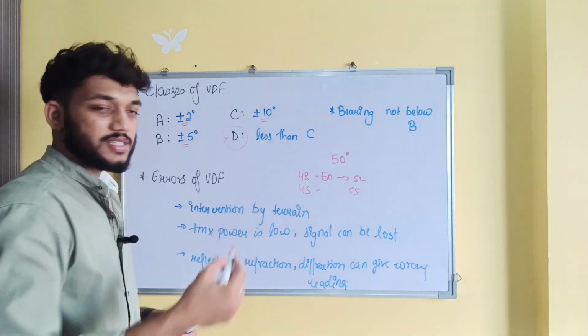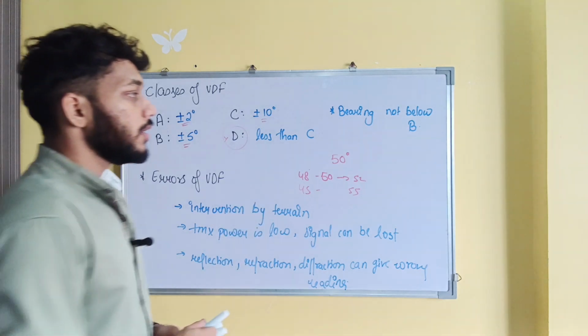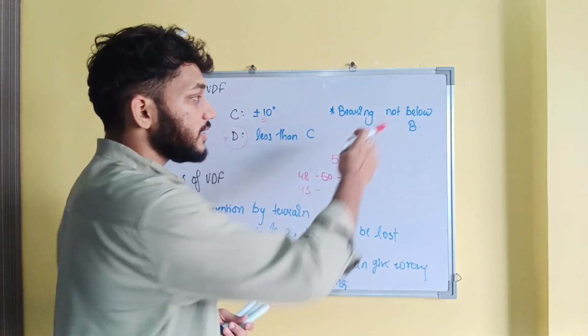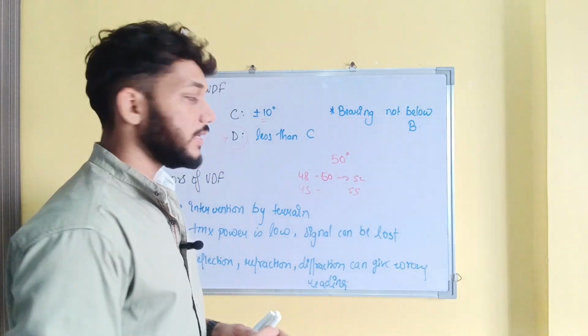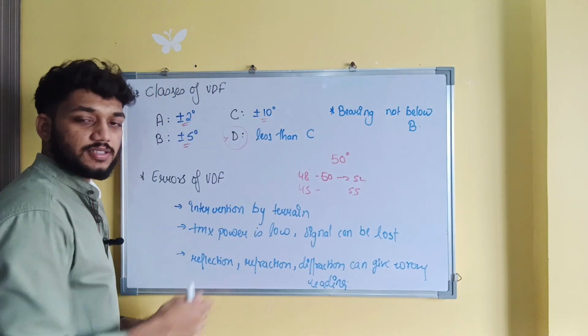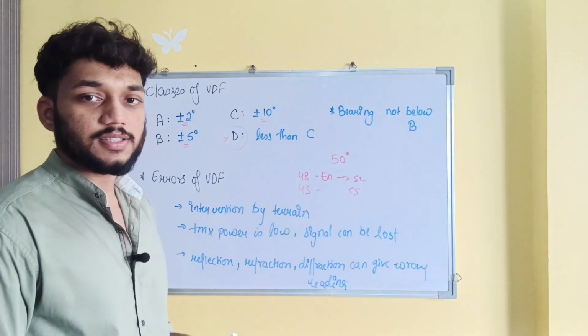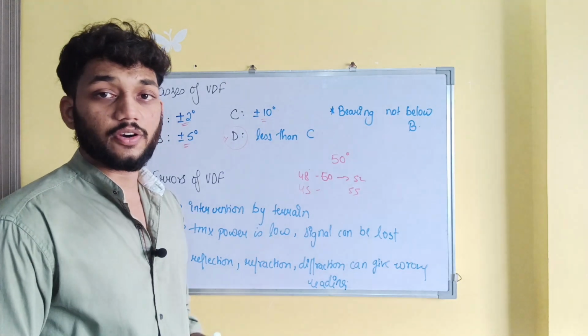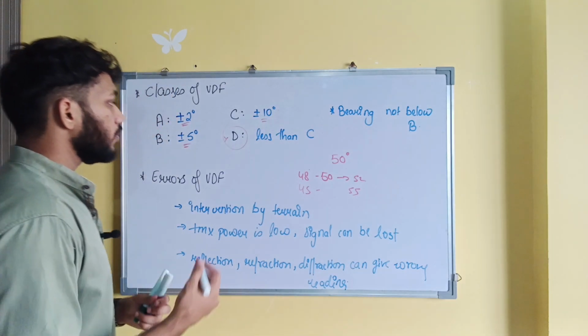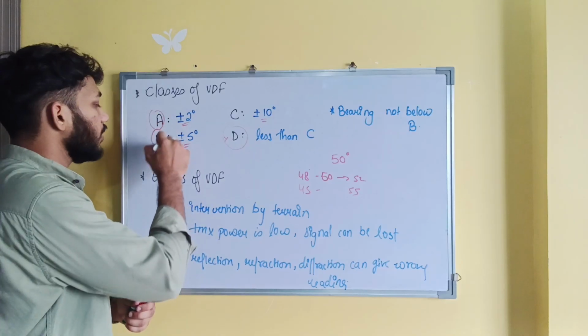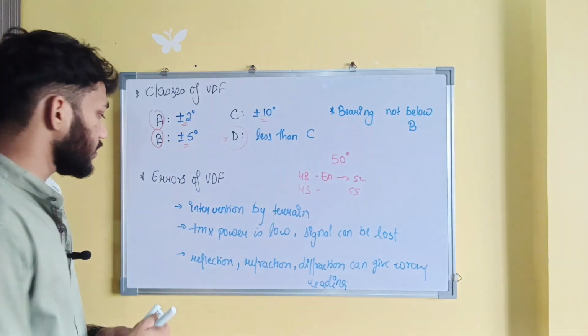This won't be asked majorly, but still good to know. So basically, if the accuracy is below class B, that is, if it lies in class Charlie or Delta, then the VDF cannot be used to get the precise location or bearing of the aircraft. So the VDF should lie in class A or class B for it to be used.